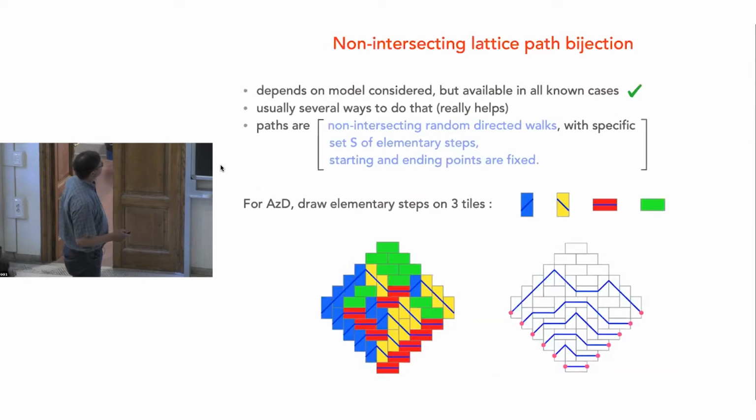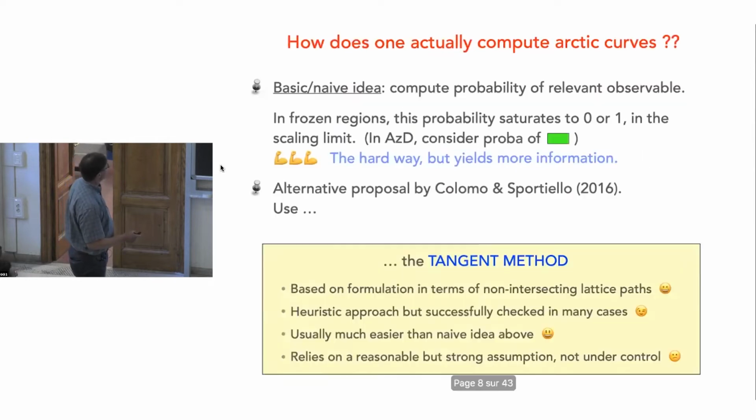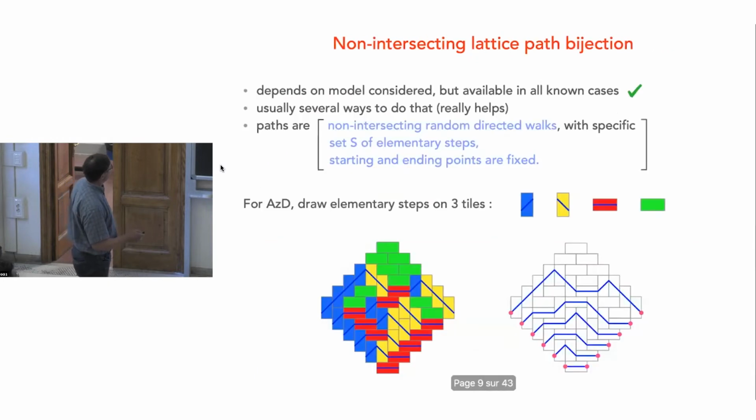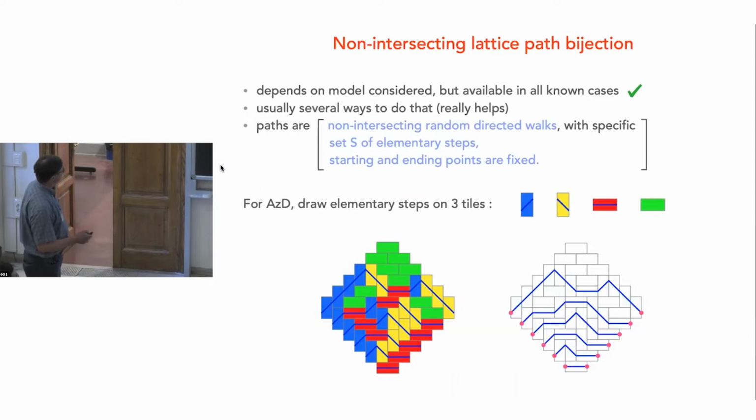So it requires the description in terms of non-intersecting lattice paths. Let me comment a bit about this and what we can do for the case of Aztec diamonds. Of course, the description in terms of lattice paths will depend on the model we consider.